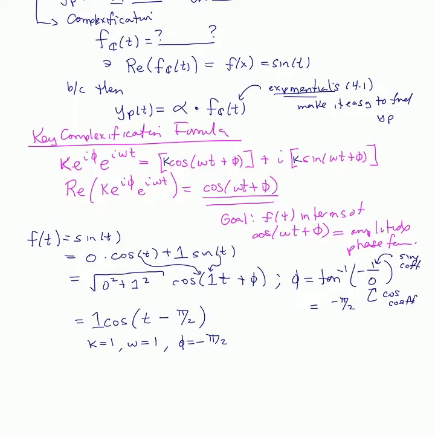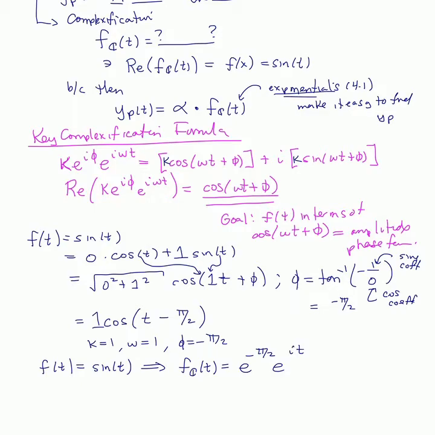Which means that our forcing function f of t, being sine of t, turns into what we call the complexified forcing function, which is just an exponential: e to the negative i pi over 2, e to the i t. We have something with an exponential function, it just so happens to have complex exponentials.